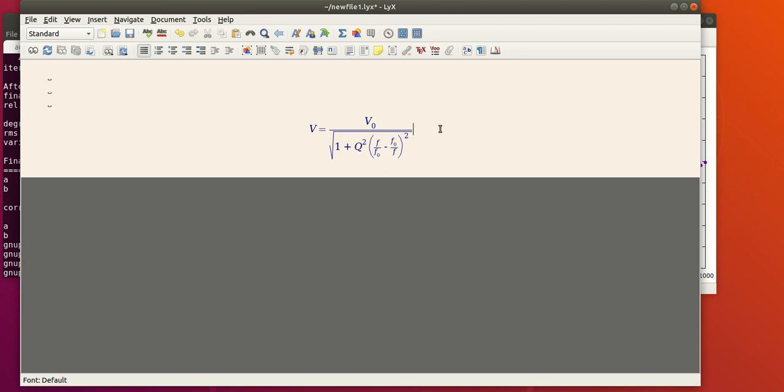So, to those of you who are familiar with this, you would realize that when f is equal to f0, you have the maximum value for V, so that is your resonance frequency.